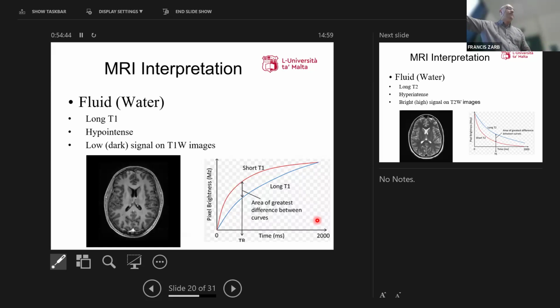Mela, on a T1 weighted image, water will appear hypo-intense compared to brain tissue. Either darker compared to brain tissue. Għaliex? Għax għandu a long T1 relaxation time.